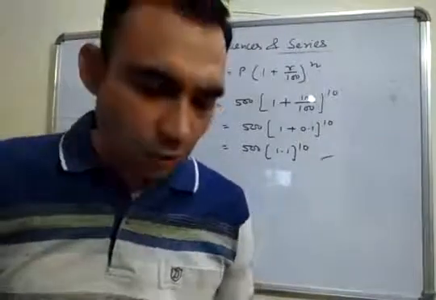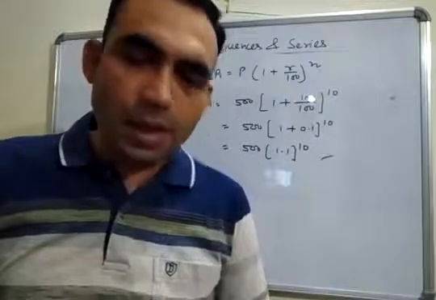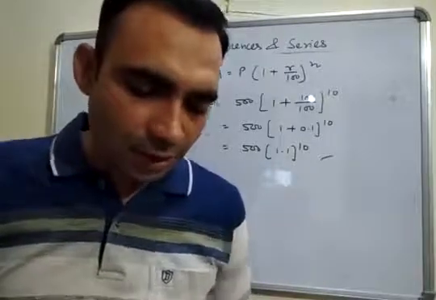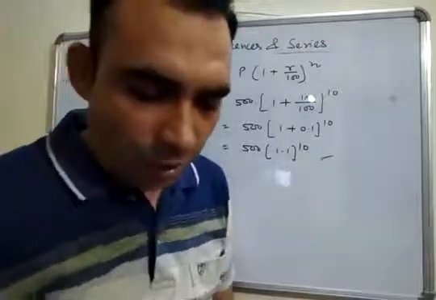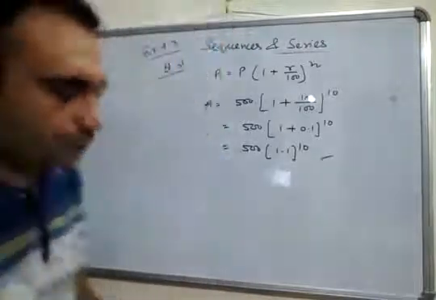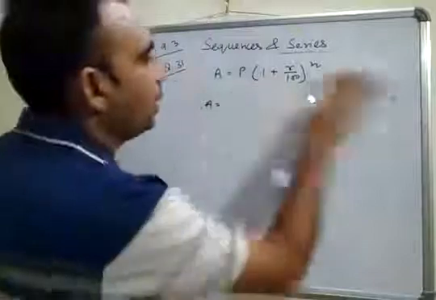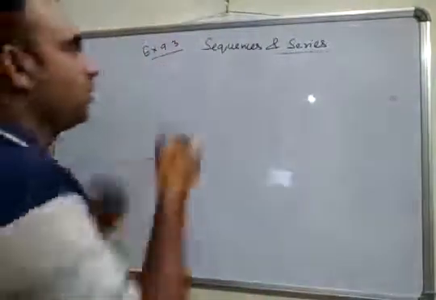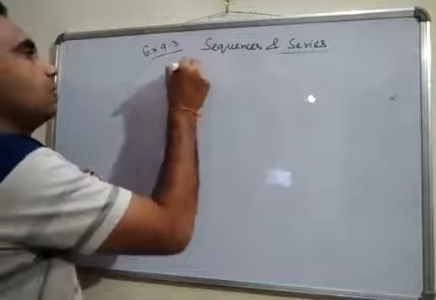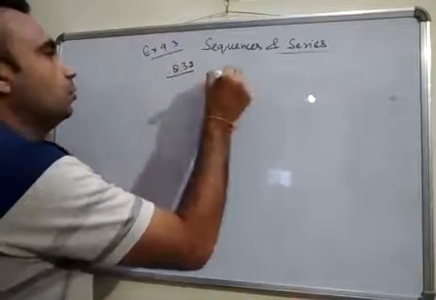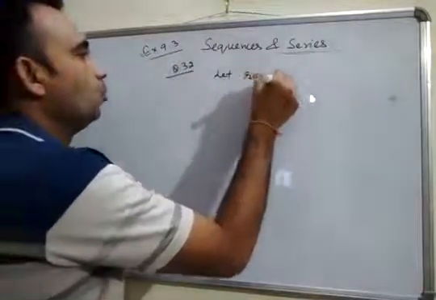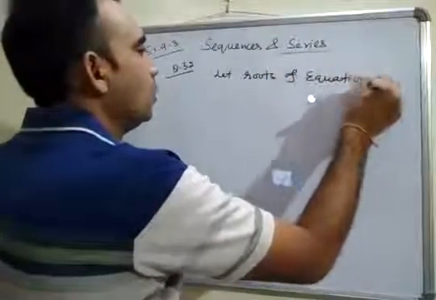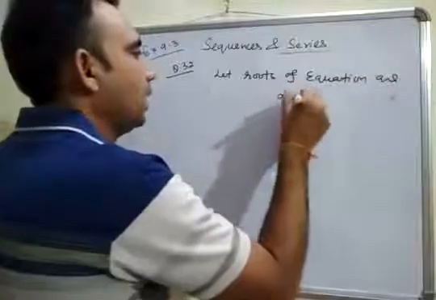And the last question of the exercise, question number 32. If AM and GM of the roots of quadratic equation are 8 and 5 respectively, then obtain the quadratic equation. We have given AM and GM of roots of the quadratic equation. So let the roots of any quadratic equation be alpha and beta.